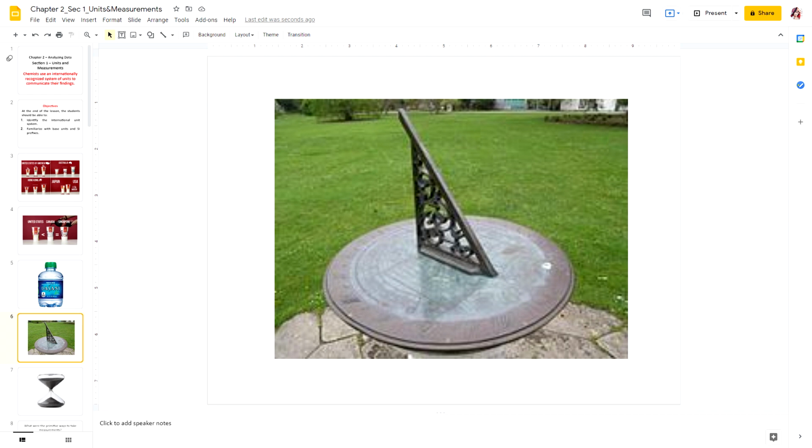So they try to tell the time in terms of the position of the sun, therefore the shadow that the sundial would create. Okay, so that's how the people in the old times would tell the time.